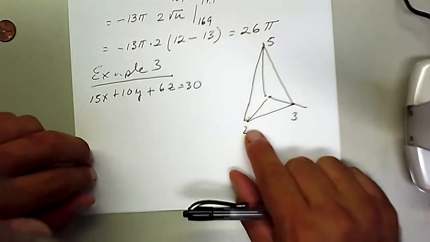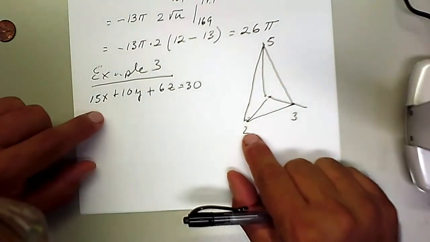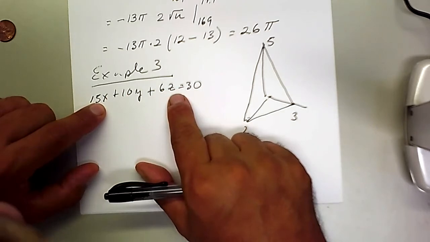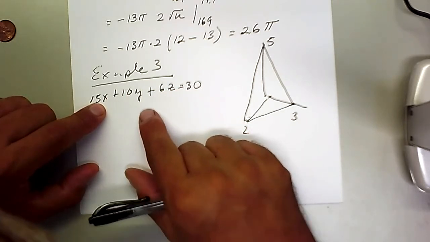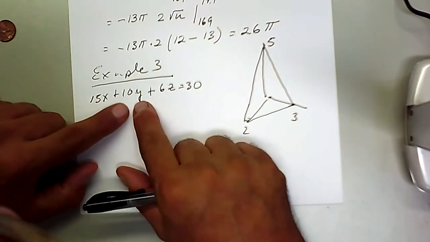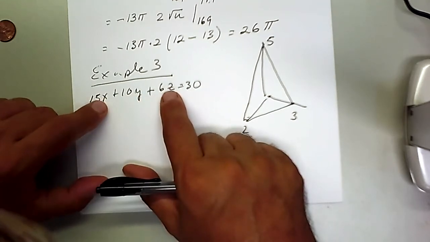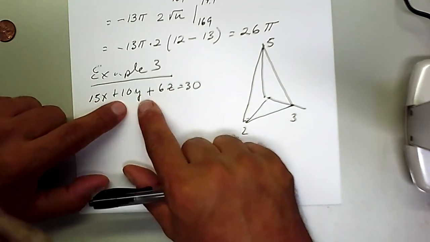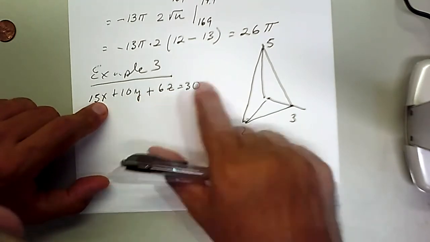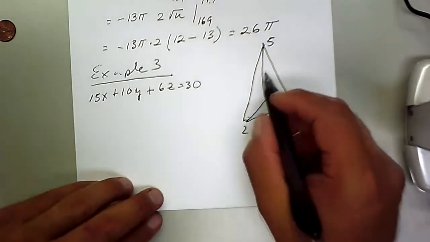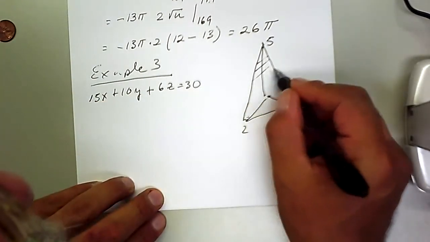Let's double check. When x is 2, y and z could be 0. When y is 3, those two could be 0. When those two are 0, then z is 5. So yep, that works. A common problem is to find the area of this triangle.